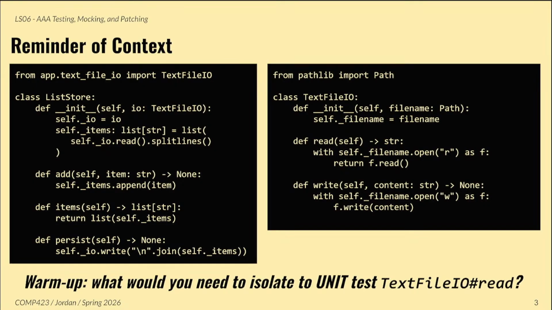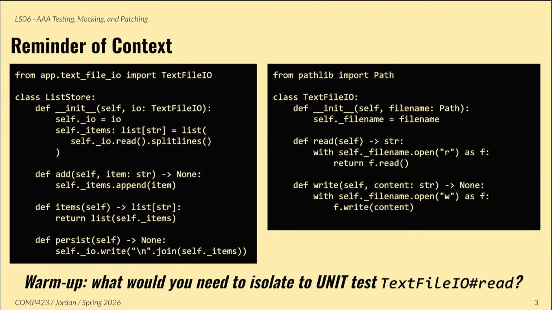And then list store is just a little layer above that for thinking about how we store lists of strings and work with them, and we can add to them. And of course, these are incomplete examples and very simple with the purpose of trying to get them onto a single slide and be easy to reason about in the short period of time that we have together in class.